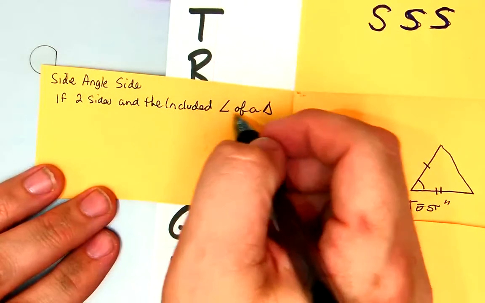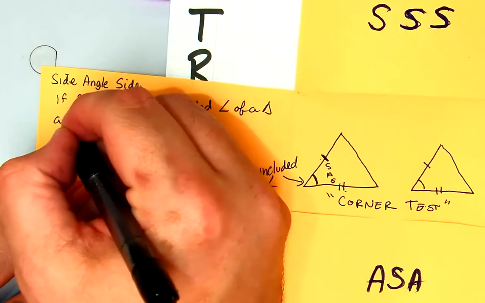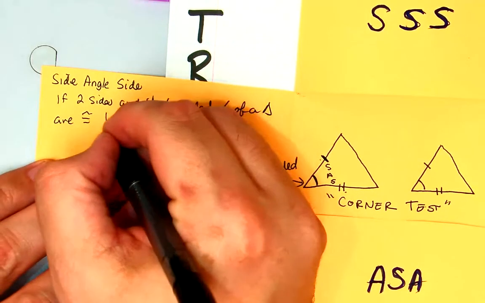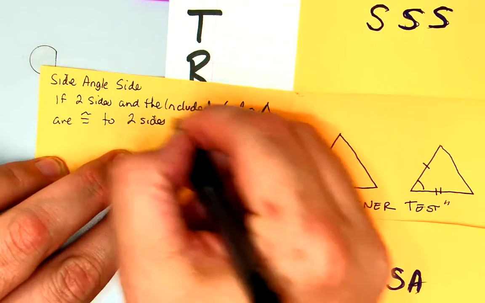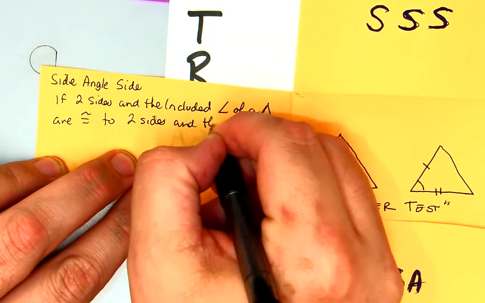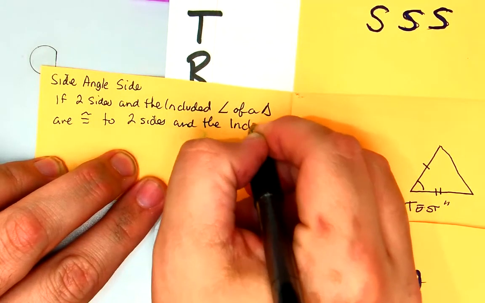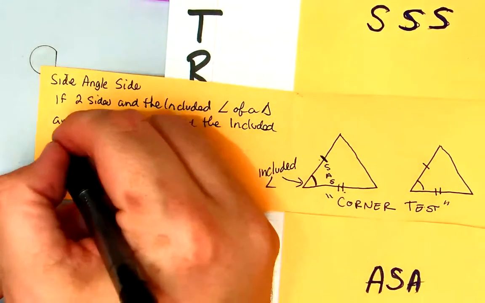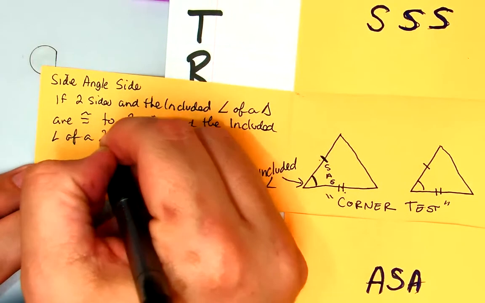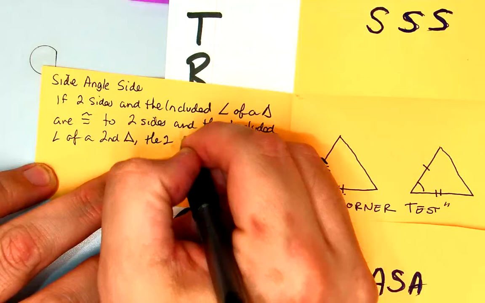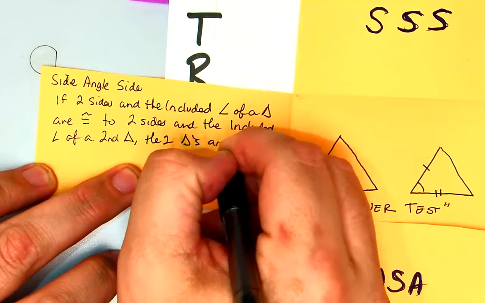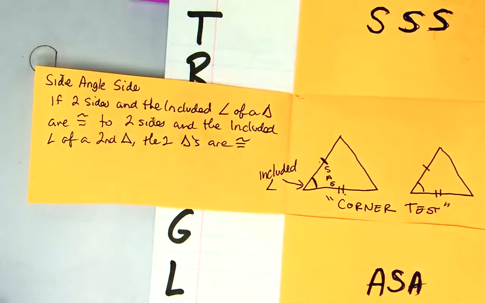So if two sides and the included angle of a triangle are congruent to two sides and the included angle of a second triangle, the two triangles are congruent.